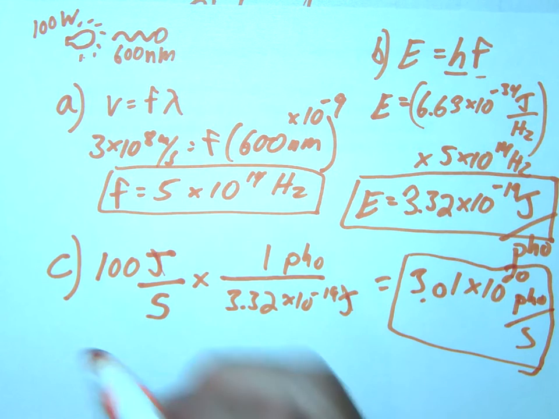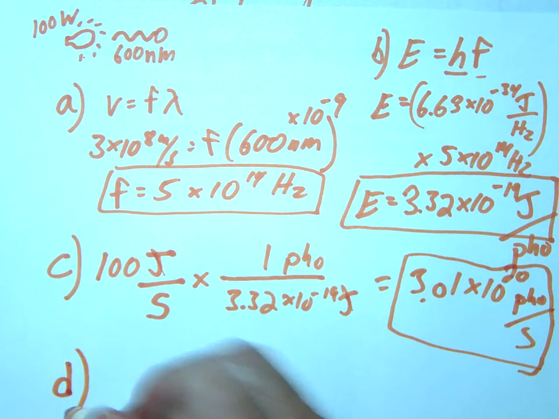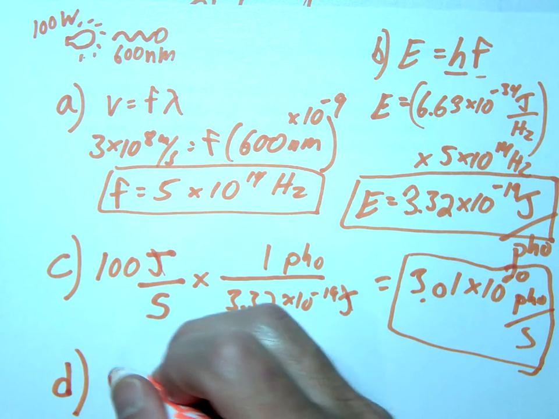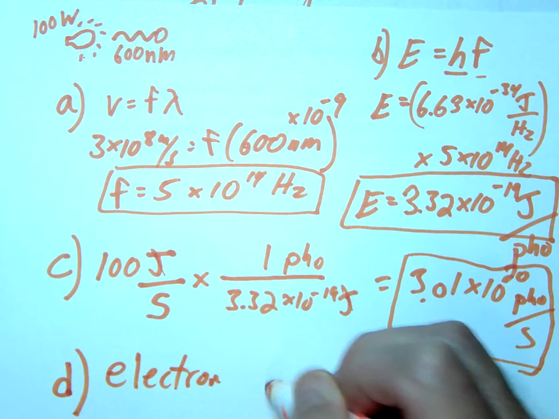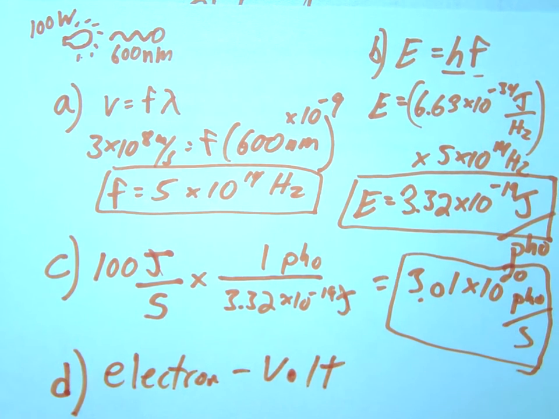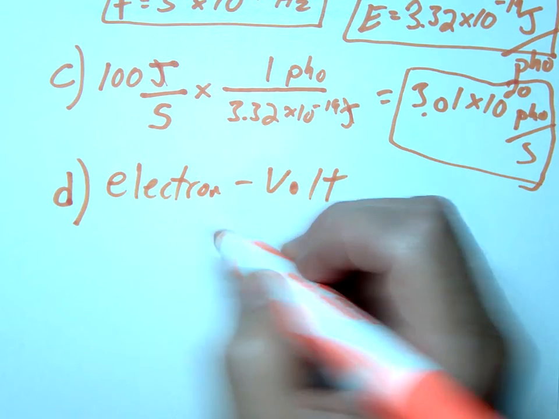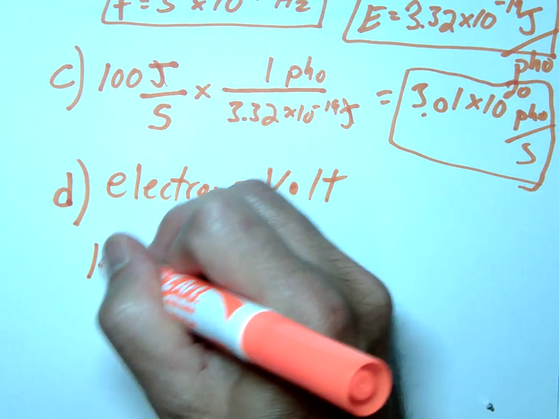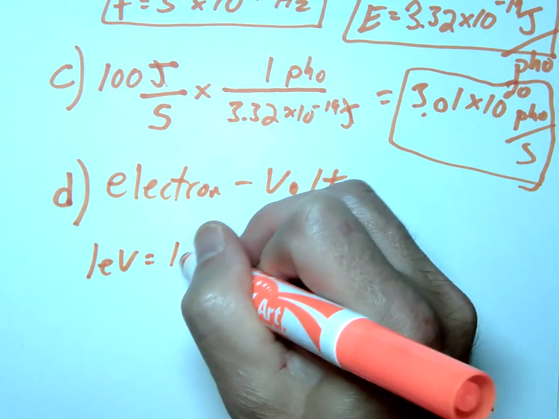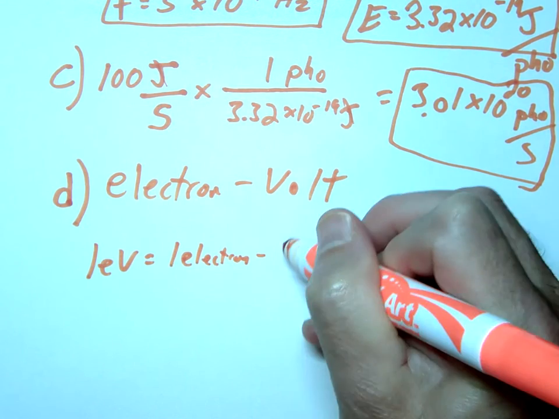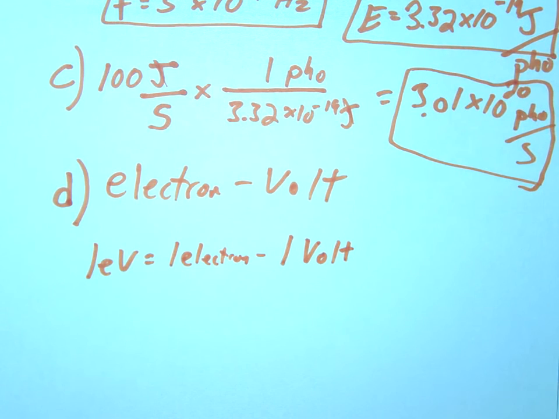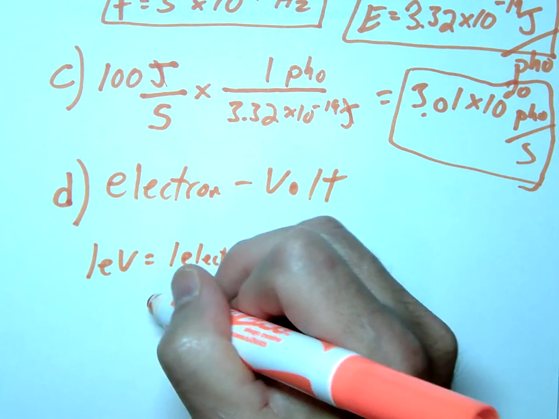Okay, alright, the last problem, letter D, this is dealing with a new unit that I'm going to introduce here, and this unit is called the electron volt. And we're going to go over more of this when we get to our electricity unit, but in simple terms, this is how much energy we would give to 1 electron if we put it under 1 volt of potential.